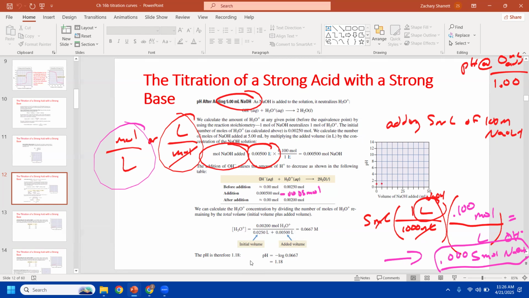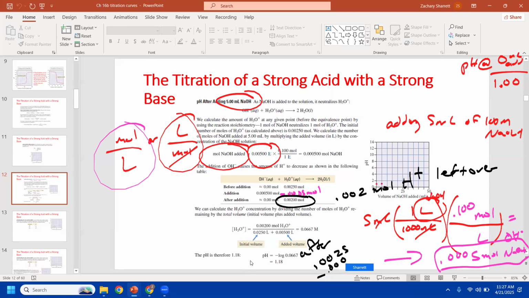That gives us 0.002, and there are those extra zeros. You can leave them on there for sig figs, but I'm going to leave them off because they just make more work. So 0.002 moles of H plus left over, after the 0.0025 that was there originally gets reduced by 0.0005. 0.0025 minus 0.0005 leaves us with 0.002. That's where that's coming from.